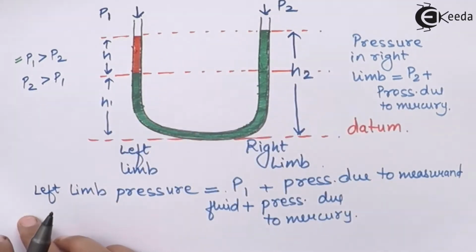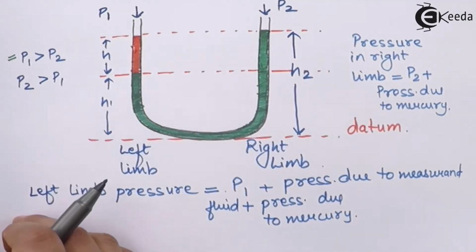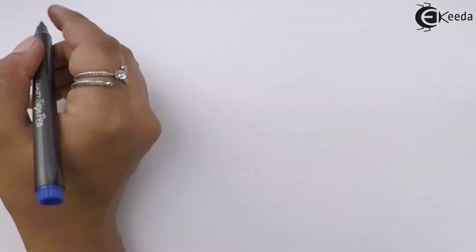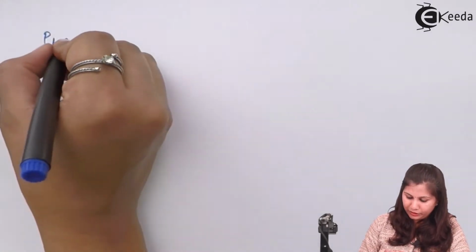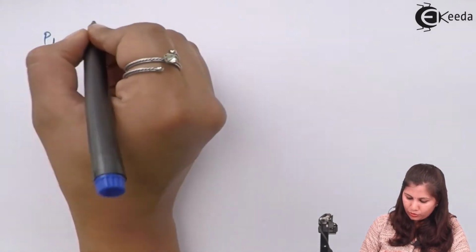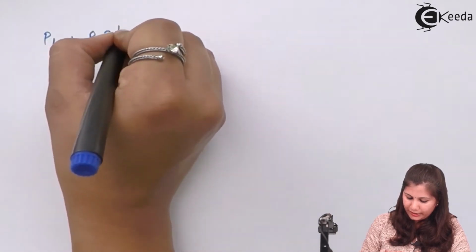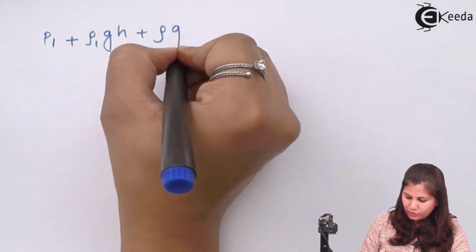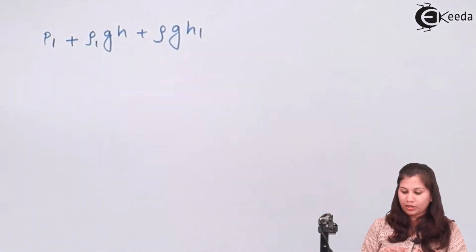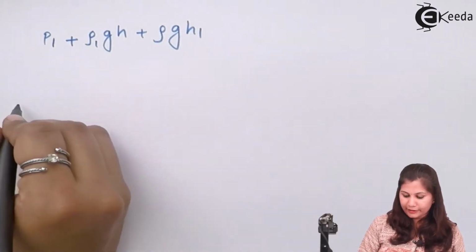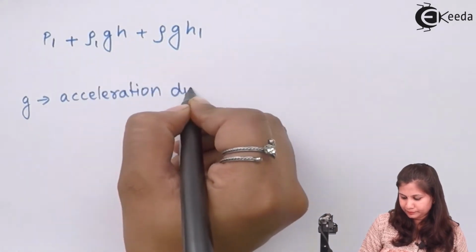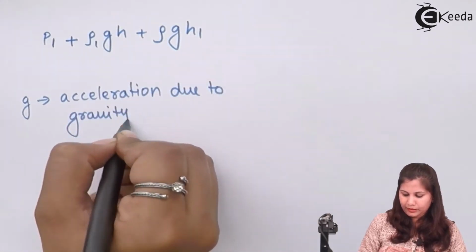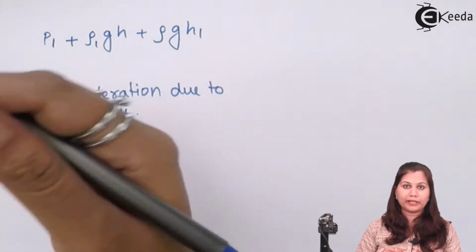Okay. So let us write the equation for that. So in the left limb we are having the pressure P1 plus rho 1 GH plus rho GH1, where G is the acceleration due to gravity, H is the height of the measuring fluid.